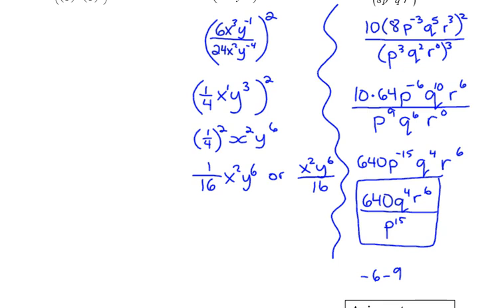Number to the power of 0 is 1. So even if we didn't write this r here, you would have still had just r to the 6. So it would still be the same thing. No, because it's not r to the power of 1, it's r to the 0. And we're just subtracting the exponent, so 6 minus 0.